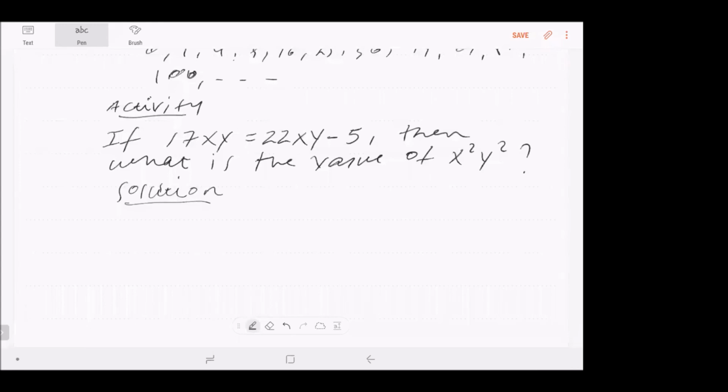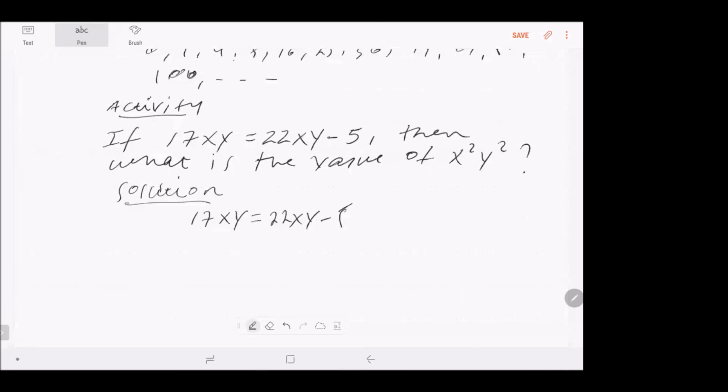So what is the value of x squared y squared? 1. Any other answer? 1. Okay. Let us do it together. We are given the condition that 17xy is equal to 22xy minus 5.